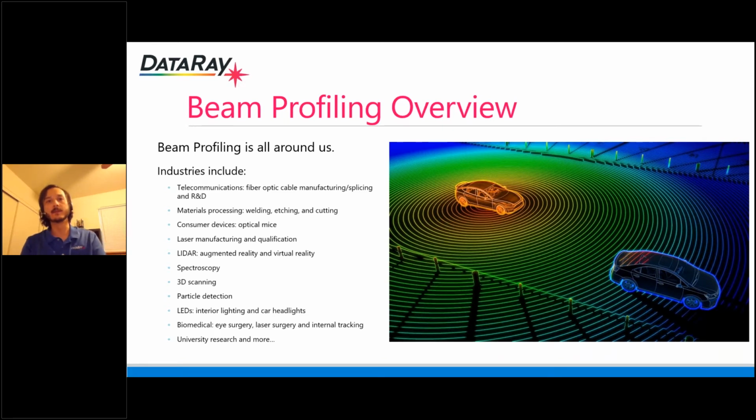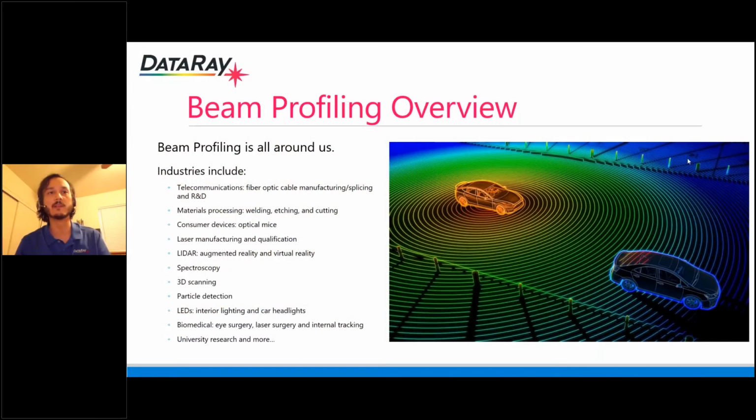Okay, so beam profiling is all around us. Essentially, wherever you have a laser, you'll have beam profiling. This could be included with telecommunications, such as fiber optic cables. So we have additive and subtractive manufacturing, laser etching, consumer devices such as optical mice, laser manufacturing and qualification, LiDAR measurements like you see here for augmented reality, virtual reality, and sensing.